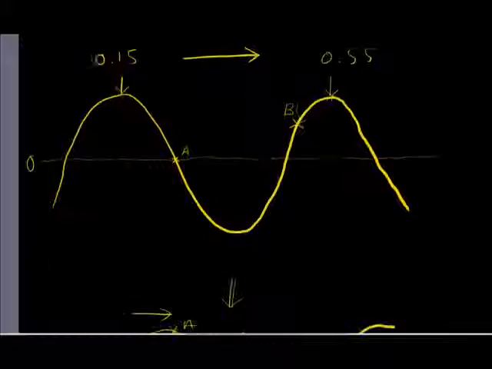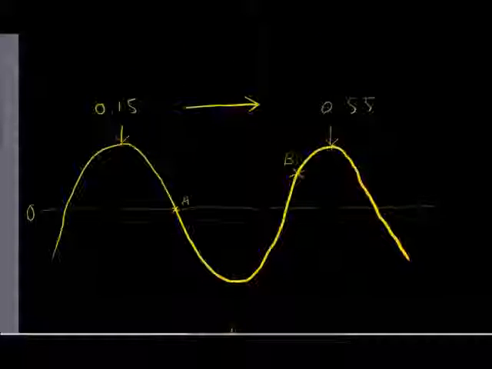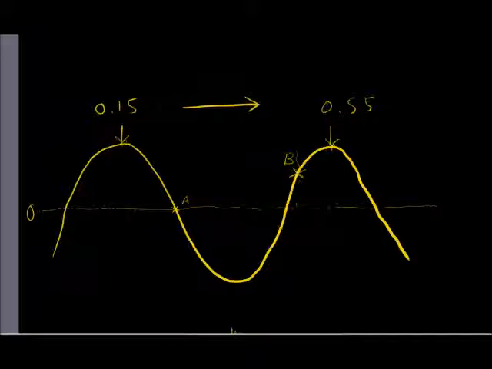So the distance between these two peaks is simply given by 0.55 minus 0.15. So lambda, which is the wavelength, is equal to 0.4 meter.